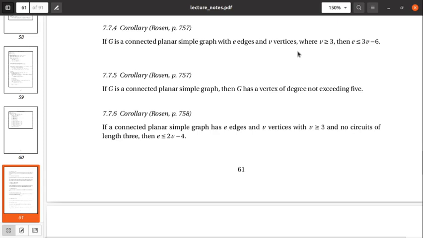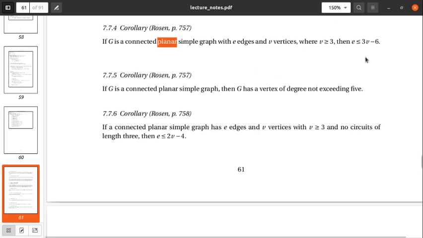So this says that in order to satisfy this planar requirement, where we don't cross edges, there's an upper bound that we have to obey, and we can't have more than this number of edges or we violate the planar condition, that the edges don't intersect each other.